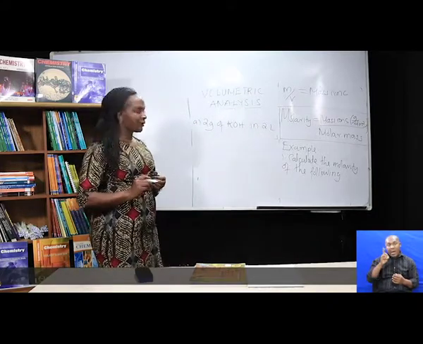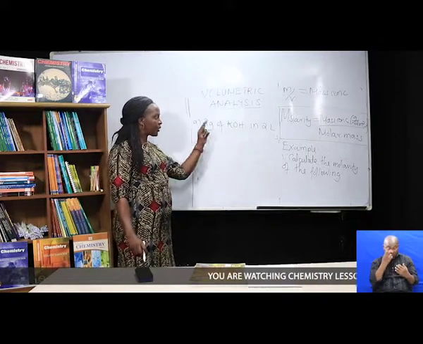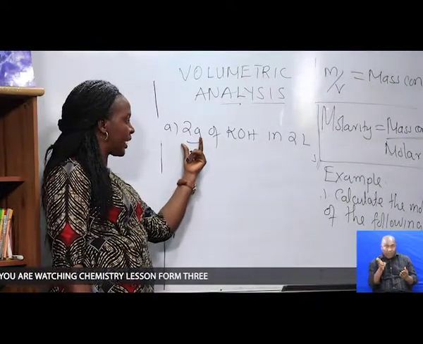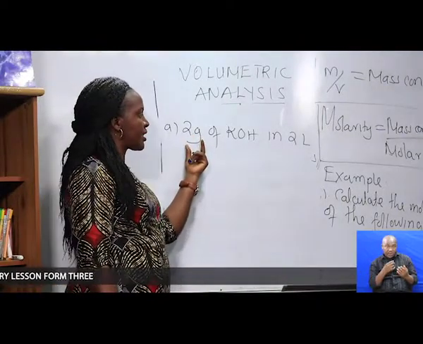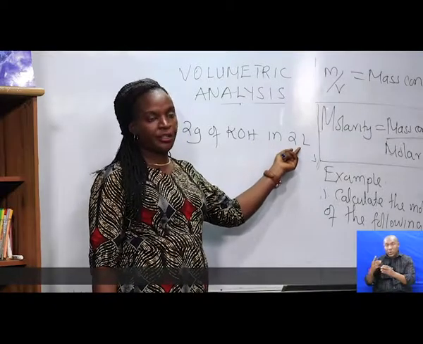So you're supposed to calculate the molarity of potassium hydroxide, which contains 2 grams, and these 2 grams of potassium hydroxide were dissolved into 2 liters of a solution.